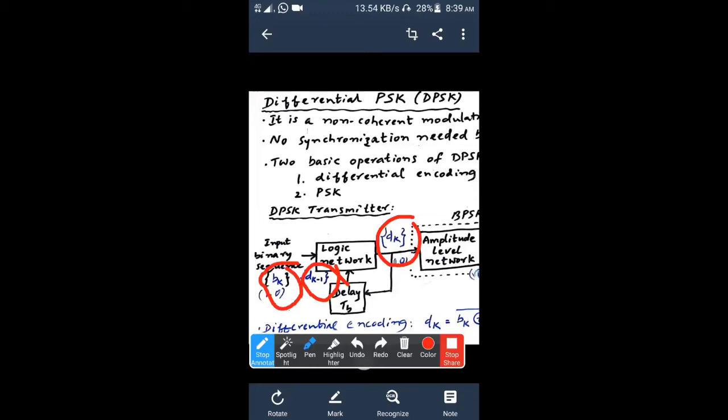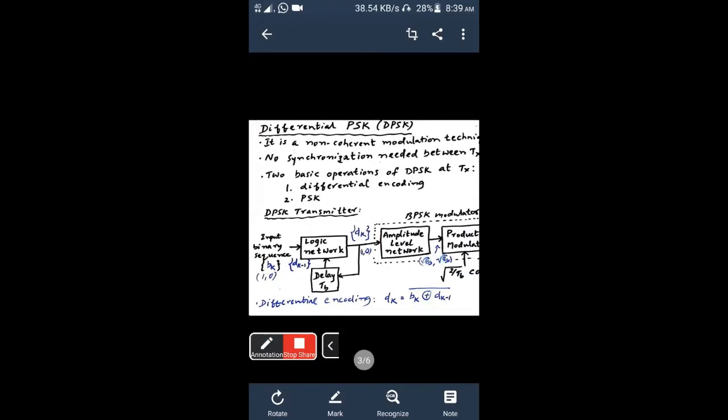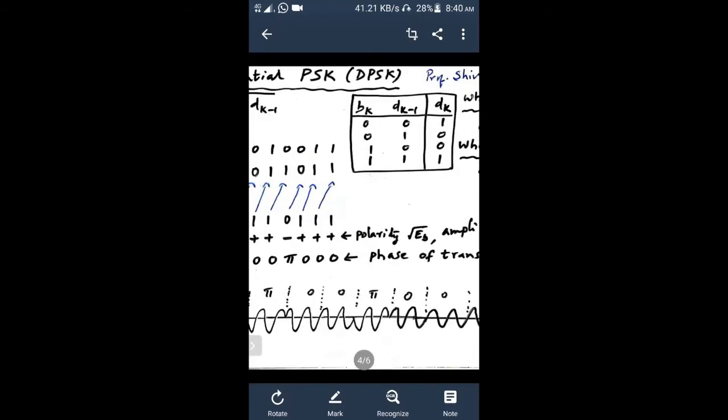So through this XNOR operation, I am making the present output dependent on the previous output as well as the input. That means the present output dk depends upon bk and dk minus 1.